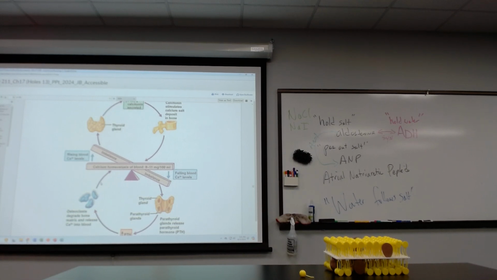It takes calcium out of your bones. Okay, so what's that disease called? Osteoblast. No, that's not a disease, that's a cell. Osteoporosis. Your osteos become porous. Remember we talked about that in 210.